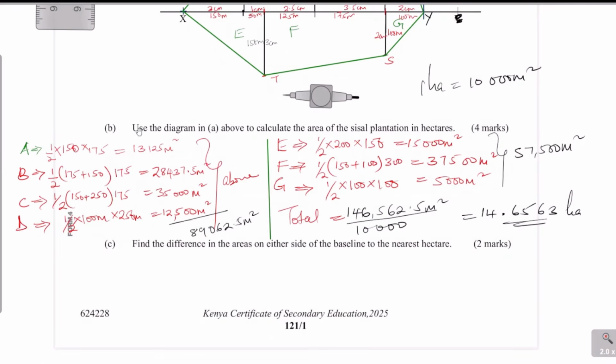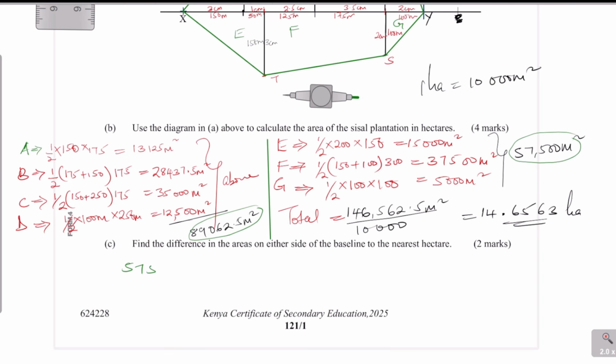Part C, find the difference in the areas of either side of the baseline to the nearest hectare. That is why I got these, the area on either side. The area above the offsets is 89,062.5 and below is 57,500.